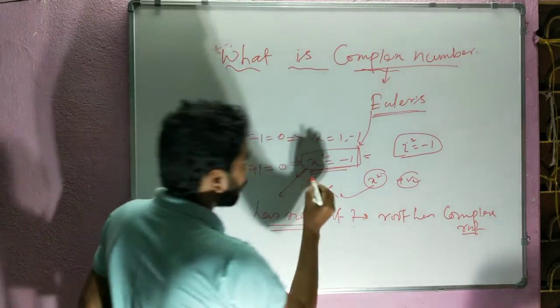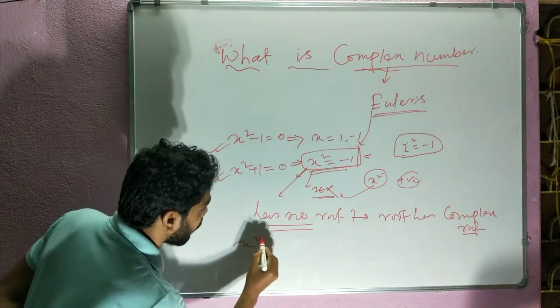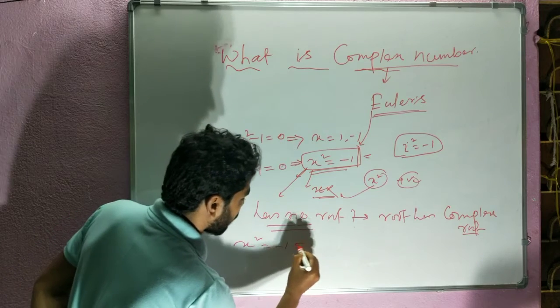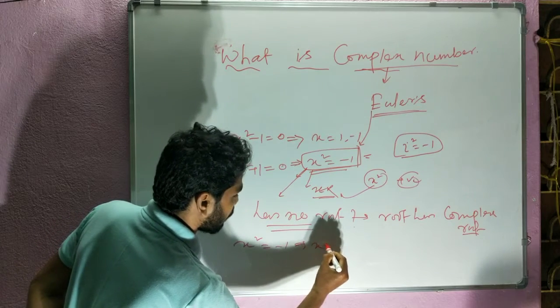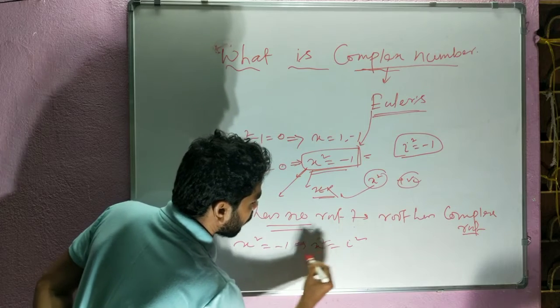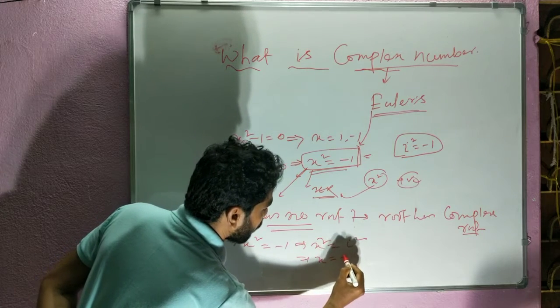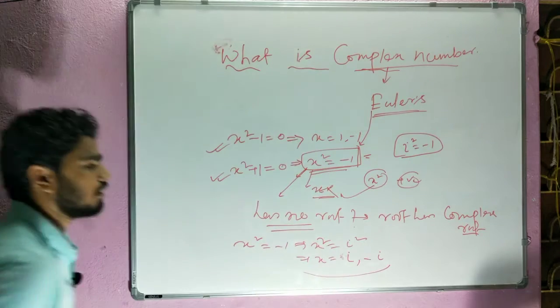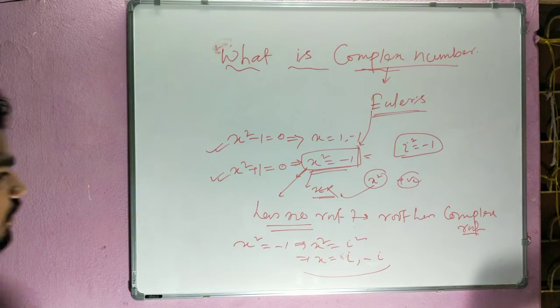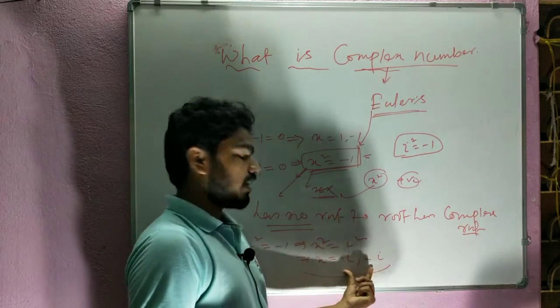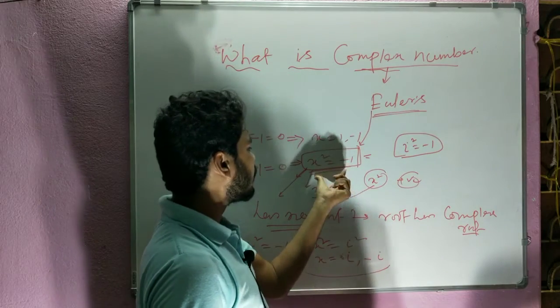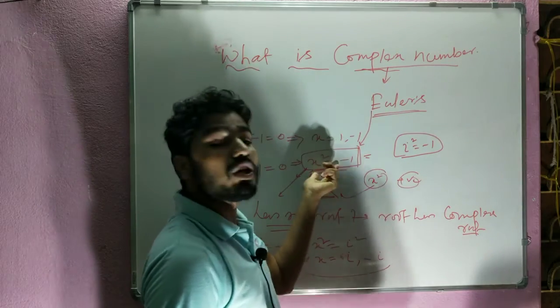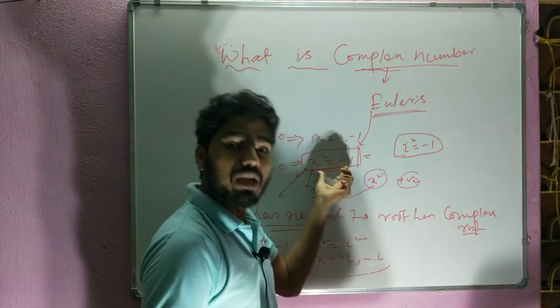Then the equation x square equal to minus 1, that means x square equal to i square, so x equal to i and minus i. Clear? This root is a complex root. That means the equation has a root but not a real root. This is the complex root.